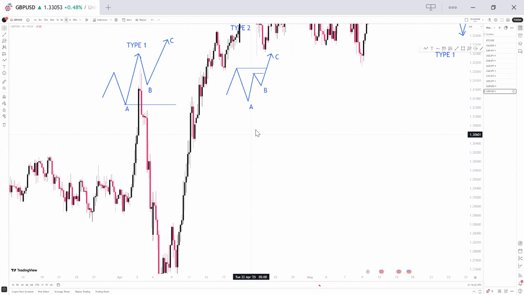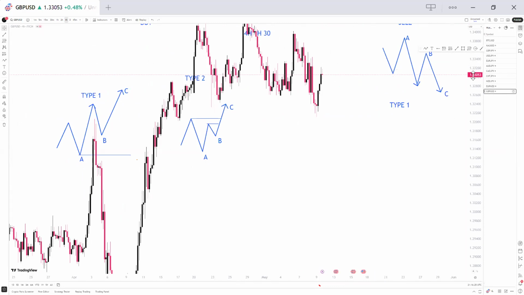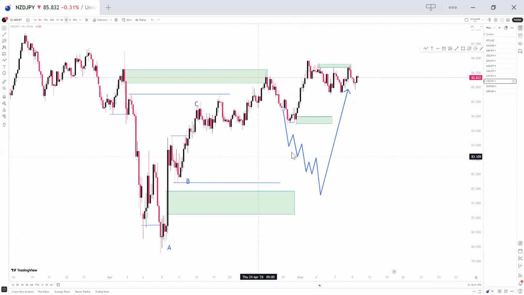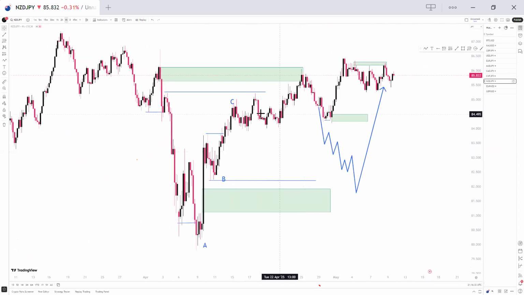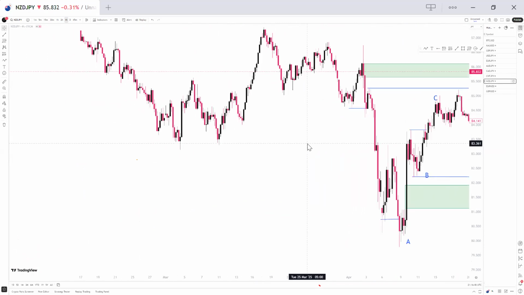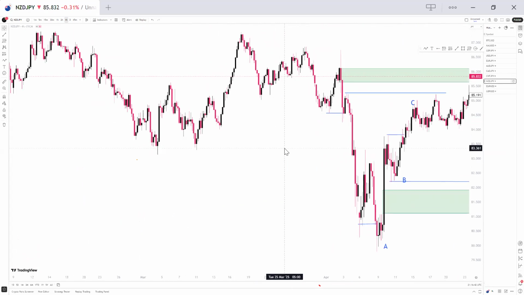Now we should look for type 2. If I can see type 2, it will be better also. Let's look for type 2. But most of the time you may not see type 2. But when you see type 2, it's also good. Can I see type 2? This is also type 1.